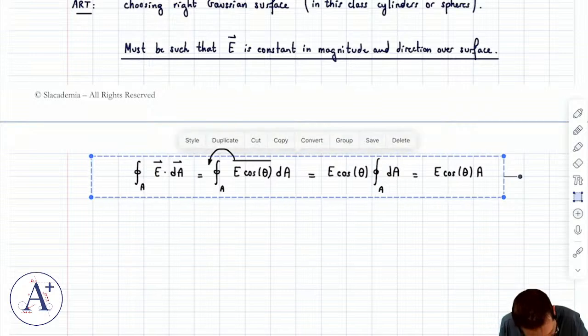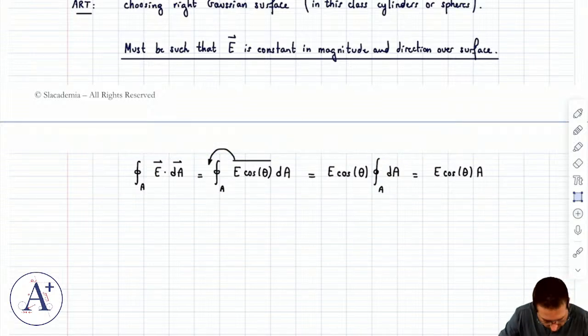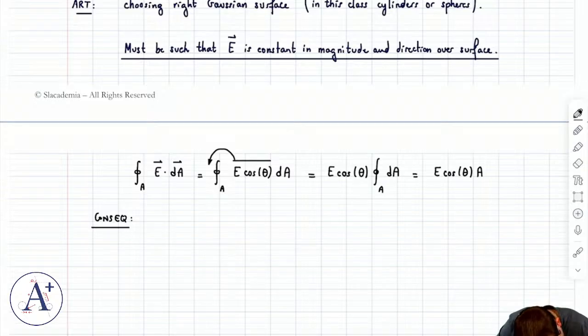Okay. Why do I want that? Well, the consequence of this is that by Gauss's law, we have electric flux through a closed surface equal to Q enclosed over epsilon naught.